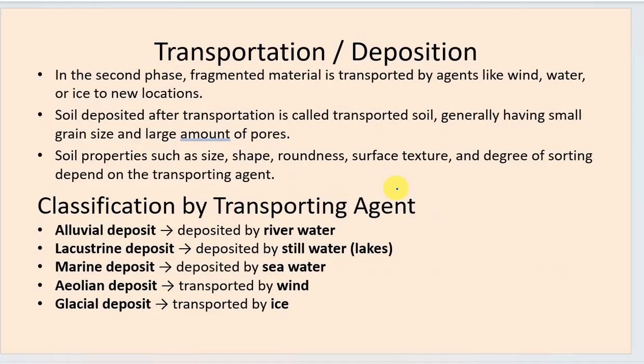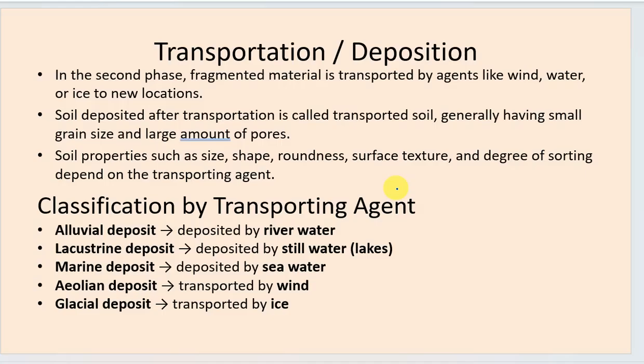So next comes the second phase, that is transportation and deposition. After weathering, the broken soil particles may be carried from one place to another by natural agents such as wind, water, or ice. This process is called transportation. When these particles settle down at a new location, the process is called deposition, and the soil formed is called transported soil.